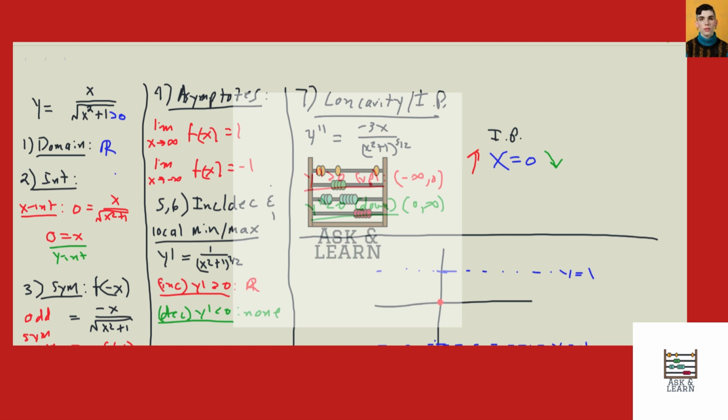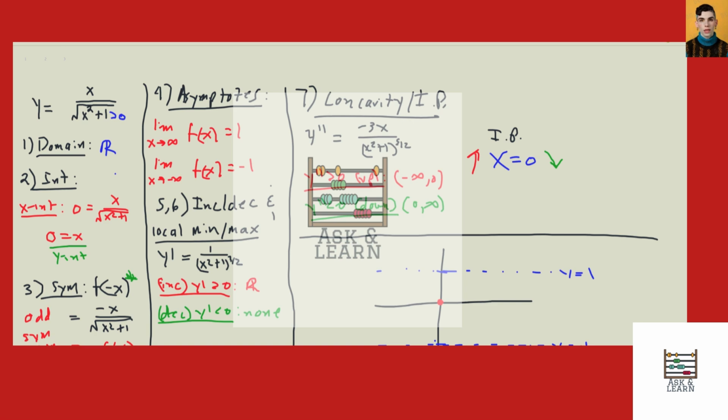And we have no local maxes or mins, but we do know we have an inflection point at x is equal to 0. All right, so let's start on the right side, and then we can use the symmetry of our function to just draw it pretty much in the opposite manner, going towards negative infinity.